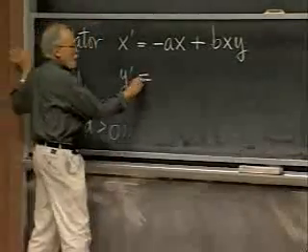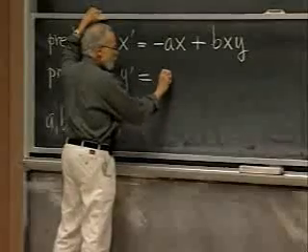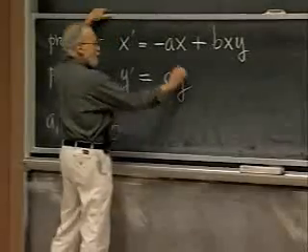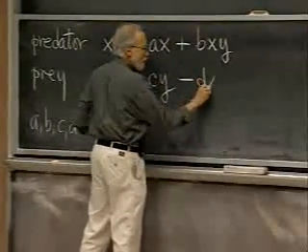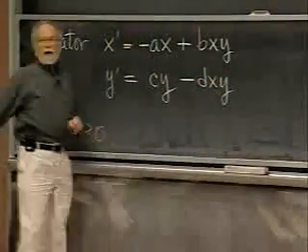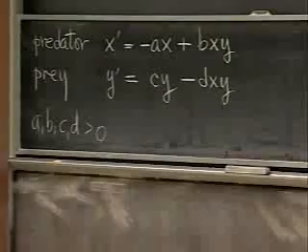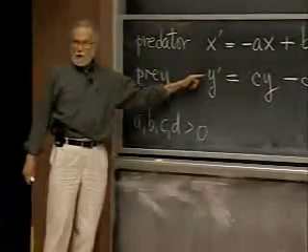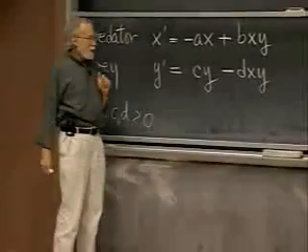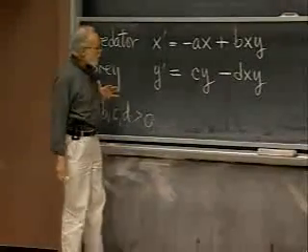How about this? Well, without predators around, the prey will multiply and be fruitful. Unfortunately, they get eaten, and so there'll be a term that looks like this. Now, there are two basic differences between these simple equations and the slightly more complicated ones you had with the Robin-earthworm equations.